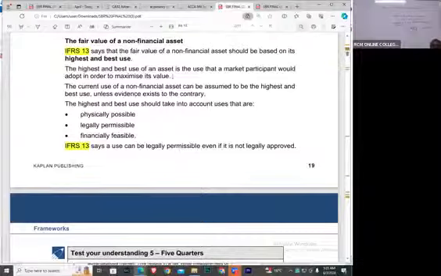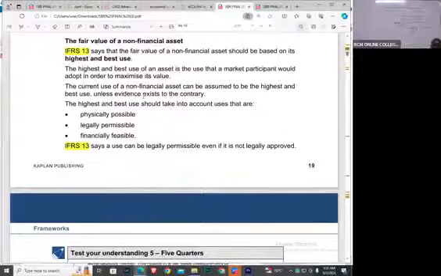The current use of a non-financial asset can be assumed to be the highest and best use, unless evidence exists to the contrary. The highest and best use should take into account uses that are physically possible, legally permissible, and financially feasible.